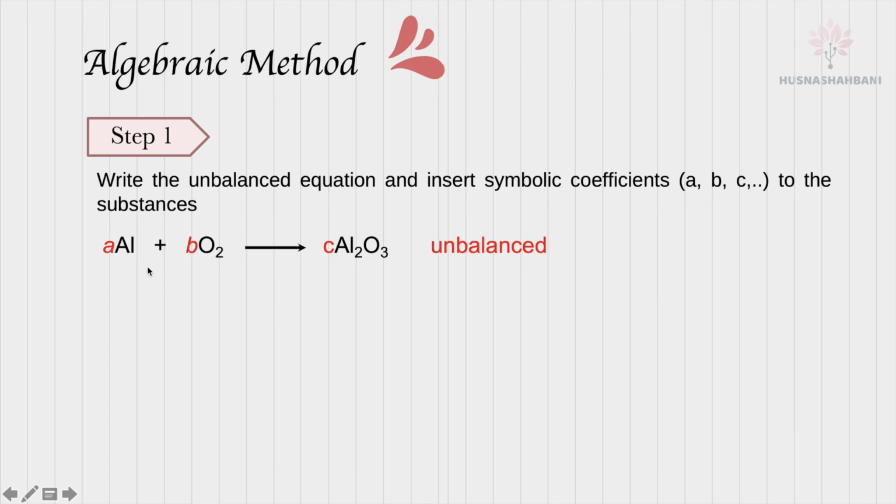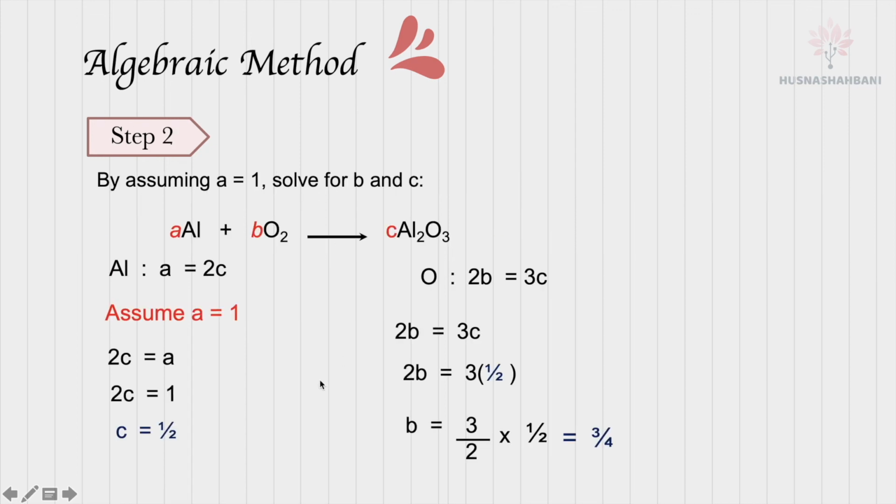Still unbalanced, because you have 1 Al on the left, 2 Al on the right, 2 oxygen on the left, 3 oxygen on the right, so it's unbalanced. Next step, you assume A equal to 1, and solve for B and C, because if you assume A equal to 1, we know the value of A already, 1.